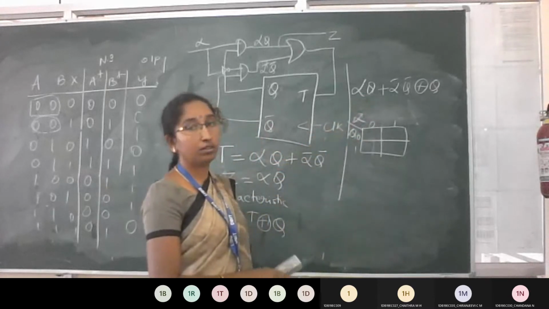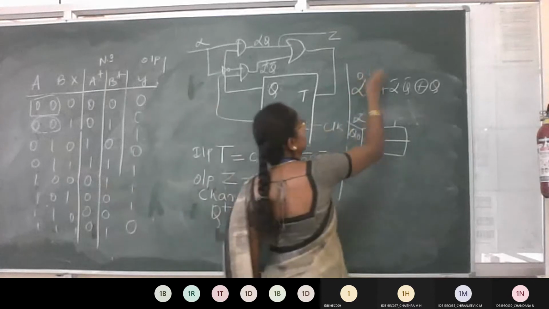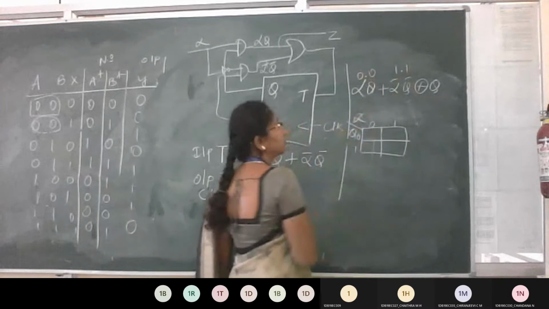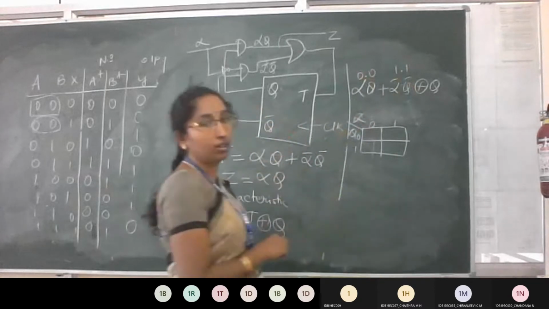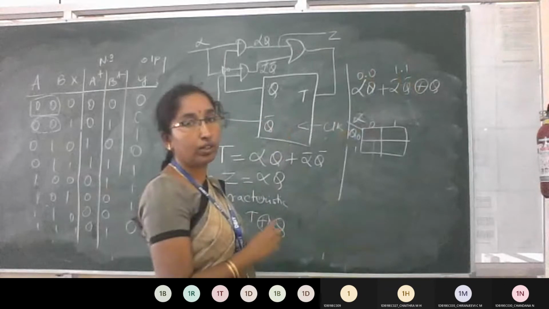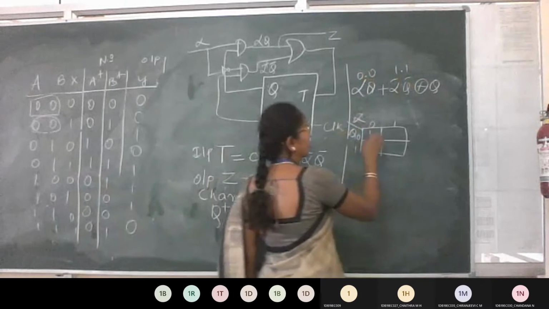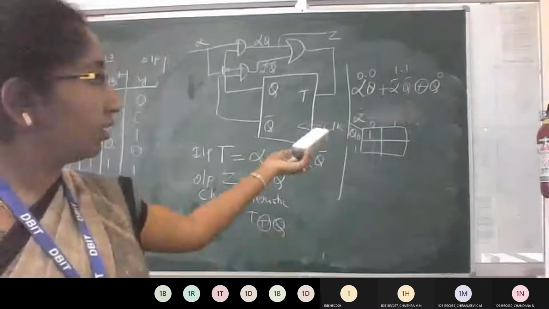Alpha 0, Q 0: 0 plus 1 is 1, and 1 XOR 0 gives 1.